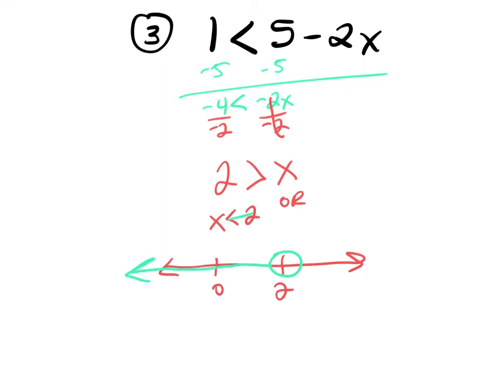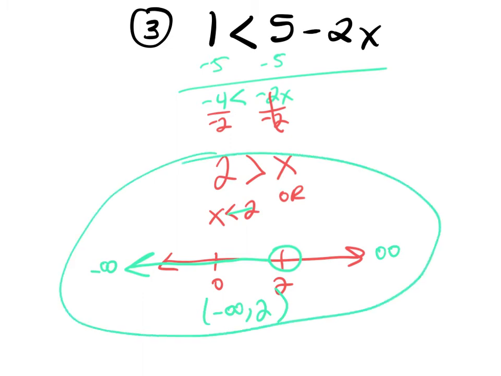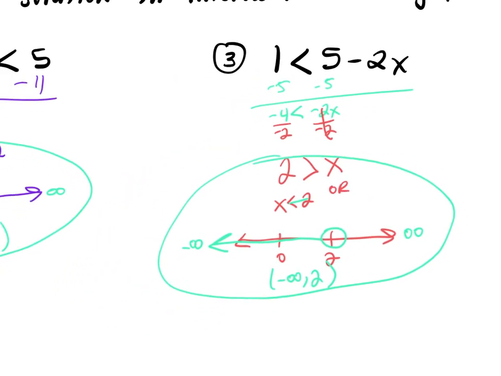That trick only works if you have it written where x is on the left-hand side. But what's my interval notation here? Negative infinity to 2, and I have brackets or parentheses? Good, because it does not include. Good job, Hannah.